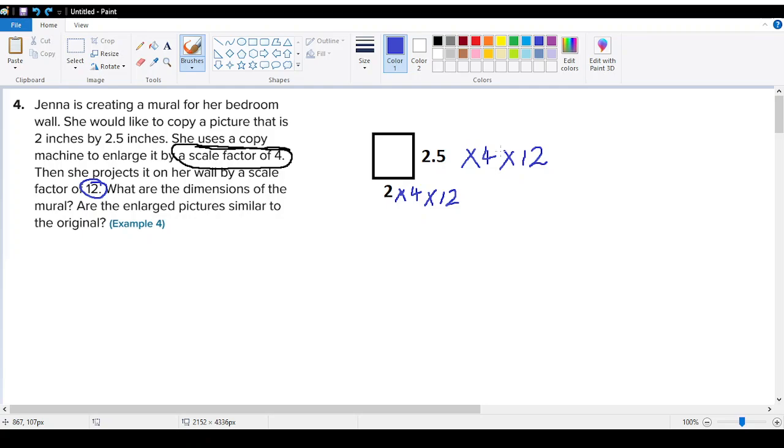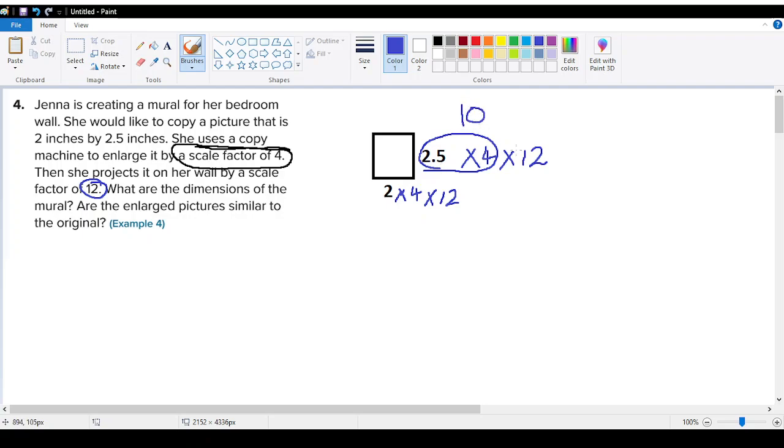Shamsa, how much? 2.5 times 4 gives me 10, right? Gives you 10? Yes, that's correct. Continue. And 2.5 times 12 gives me 30. Be careful. When you are multiplying these numbers, you multiply these two numbers and that's it. It's going to be 10.